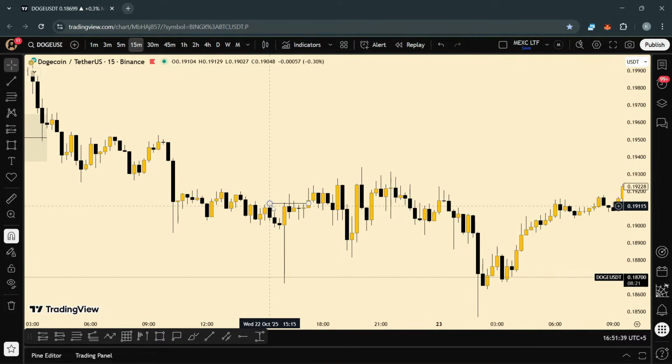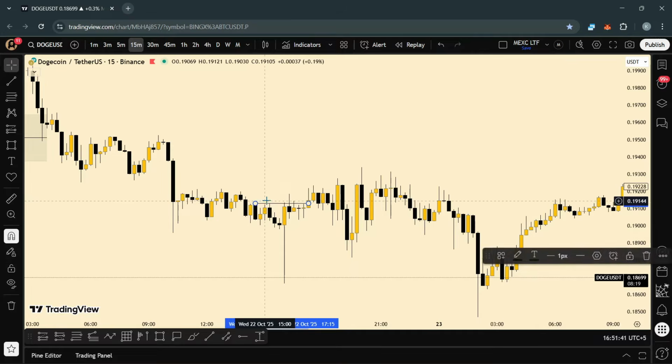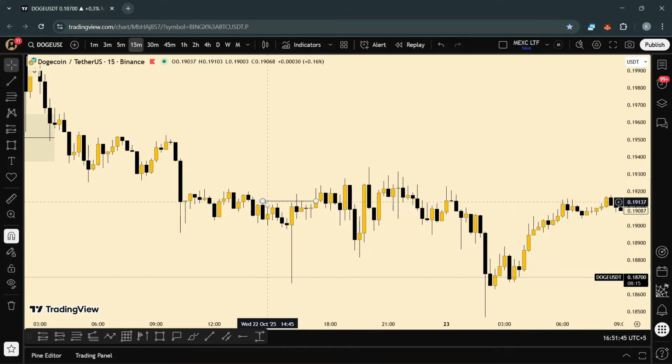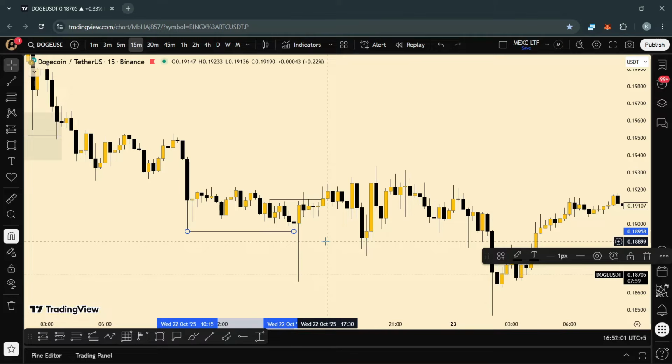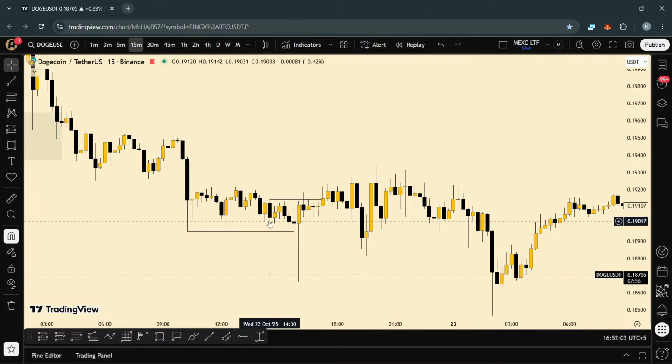See this? This is the last high, actually, from here. Now, this is the internal structure, right? You don't have to be bothered about it. This, and there's a wick. What does the wick do? It takes out all of this low. There is a ton of liquidity resting below this level.